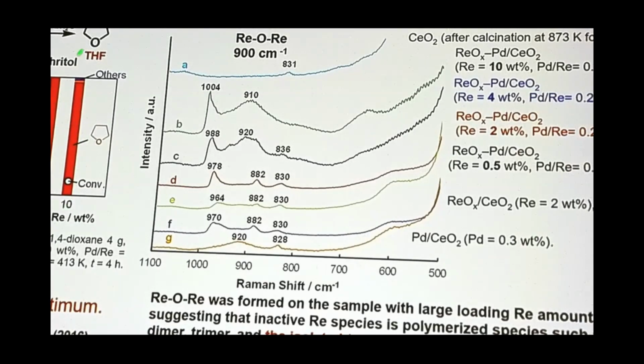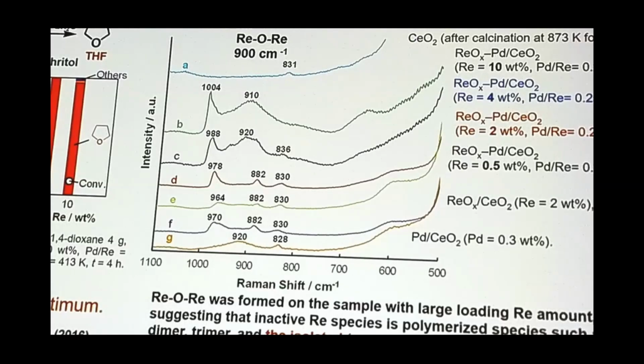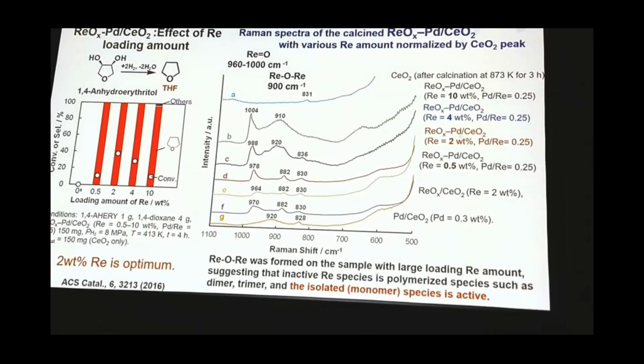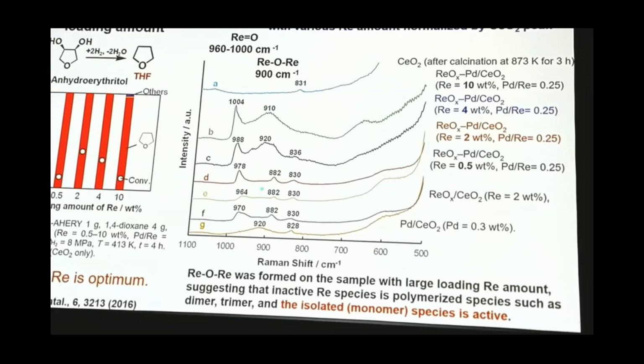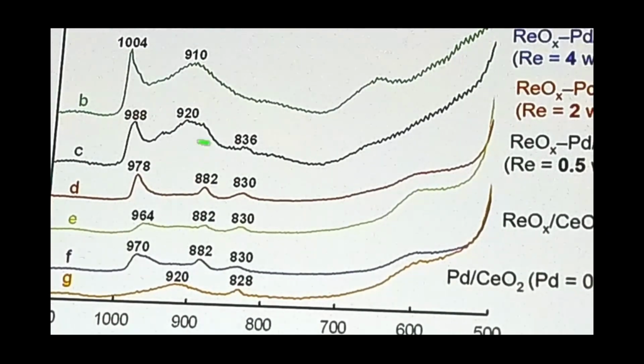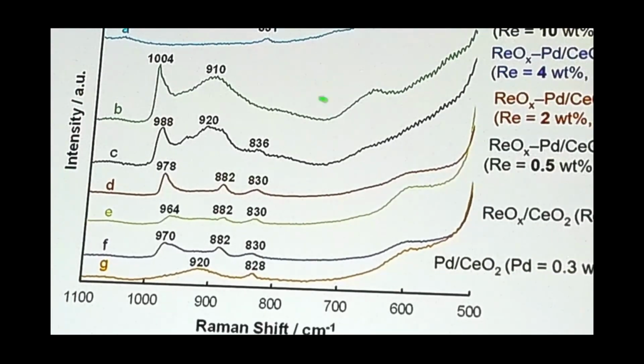This is a result of the Raman spectra of these catalysts. In the case of the lower loading amount of rhenium, this peak was not observed, but the higher loading amount shows a very clear peak, which is assigned to the rhenium-oxygen-rhenium vibration.